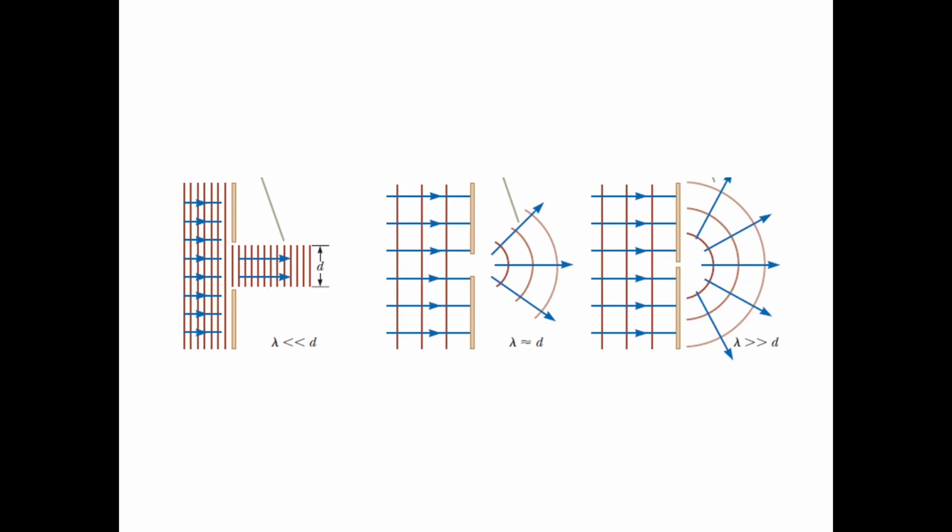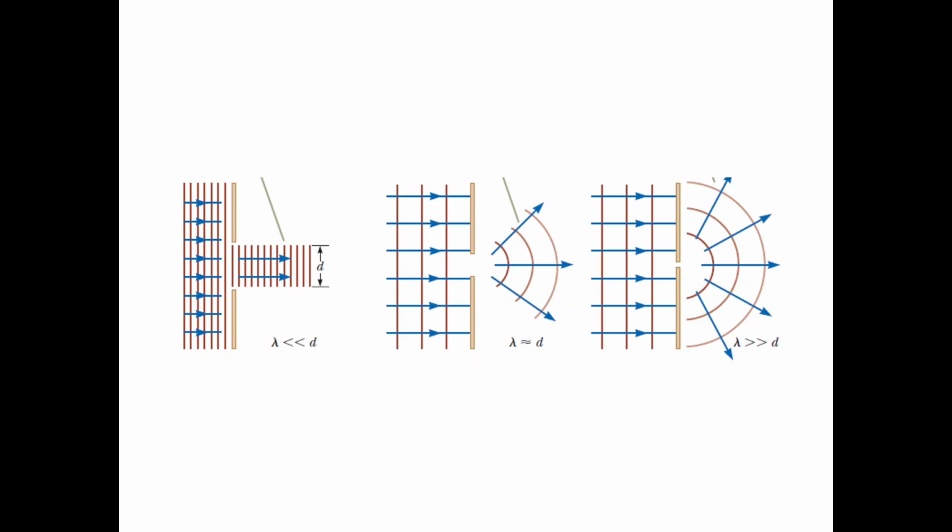However, if the obstacle in front of the front of the electromagnetic wave will be much larger than the wavelengths, which is true for our everyday life experiences, then we can apply concepts of ray optics.